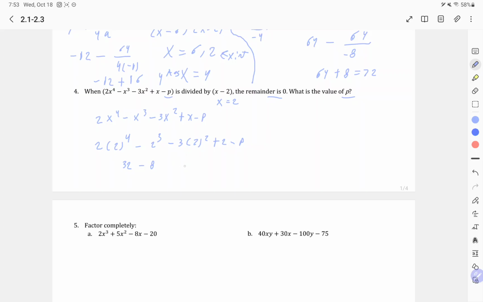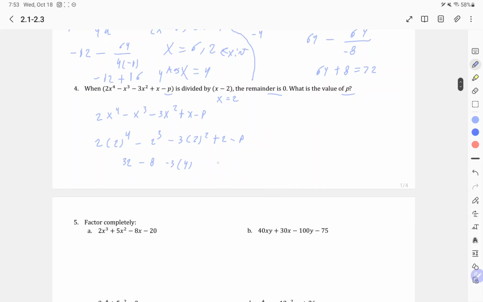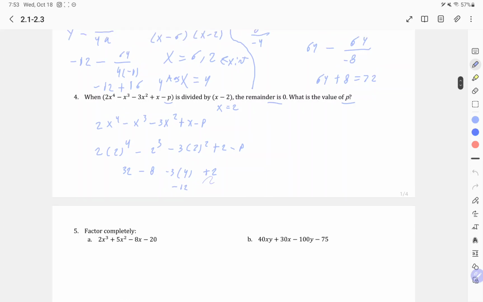We got 4, and then we got 4 times -3. All right, next one, plus 2. This is -12, and then we still got the rest to do. 2 minus p.